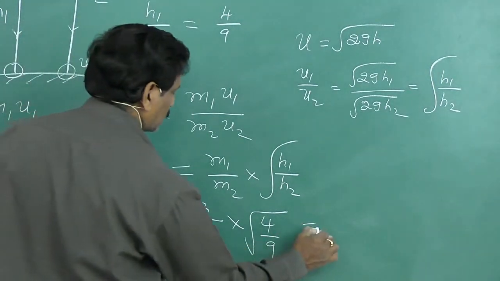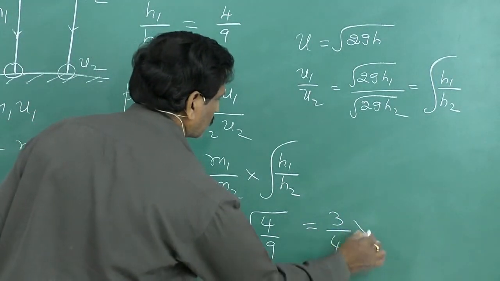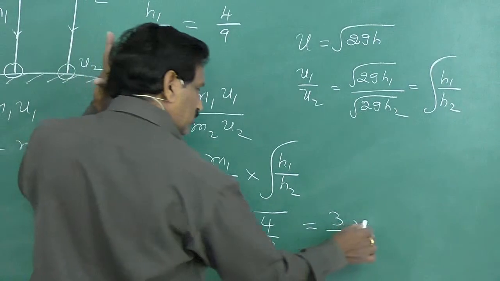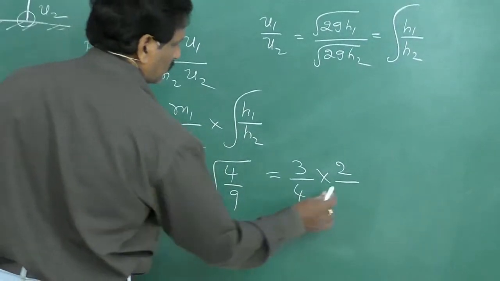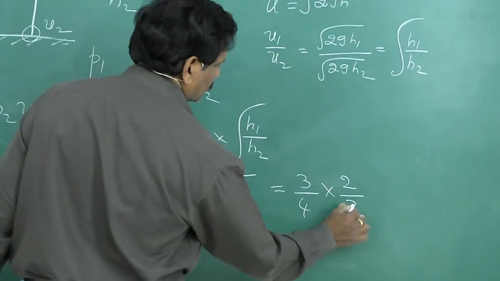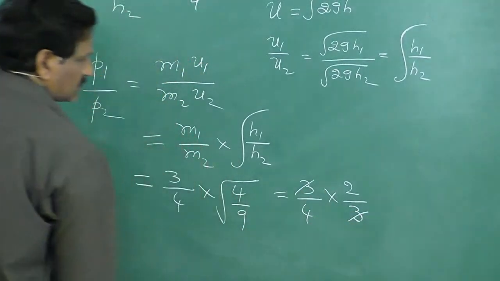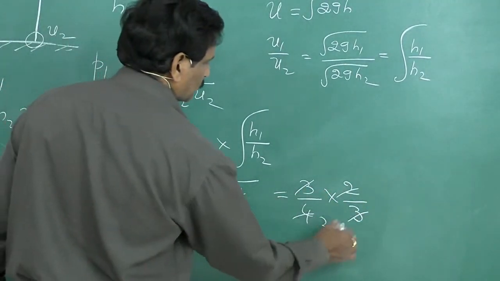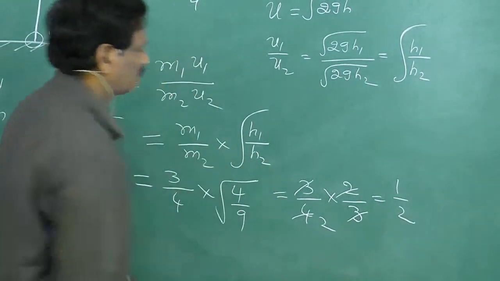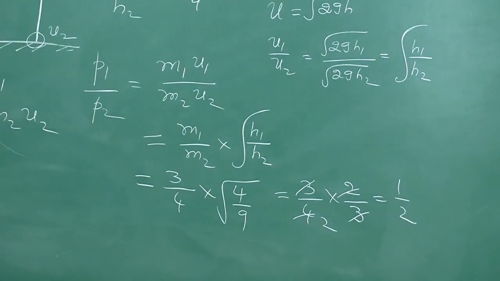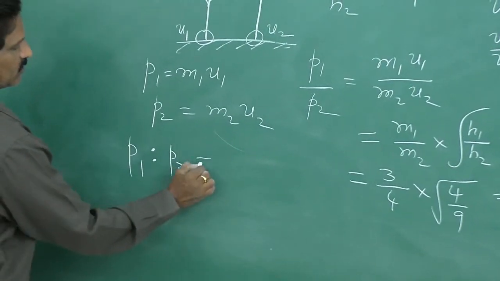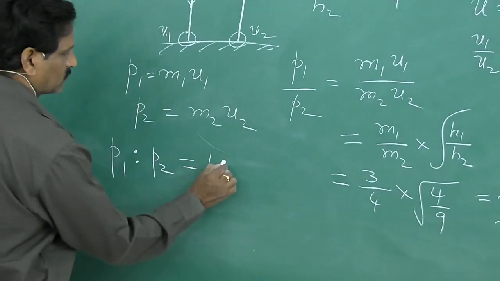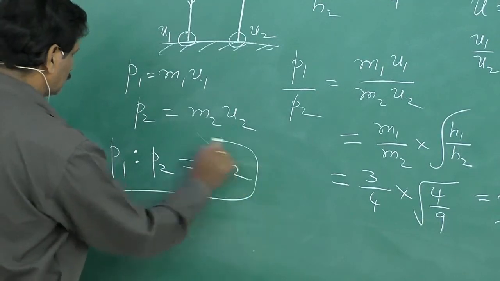This is equal to 3 by 4 into, root of 4 is 2, by 3, root of 9 is 3. This 3 cancels, 2 times 2 is 4, so this is 1 by 2. So the ratio of momenta on reaching the ground, P1 is to P2, equal to 1:2. So this is the answer.